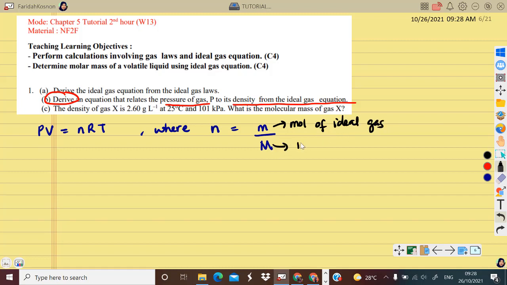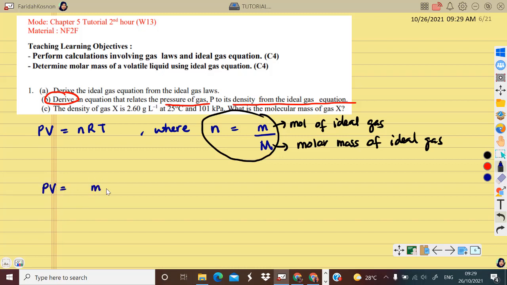This one is molar mass, okay, molar mass of the ideal gas. So, when we substitute mole equals to mass divided by molar mass ke dalam ideal gas equation, so apa yang kita akan dapat? PV equals to mass times R times T divided by molar mass.